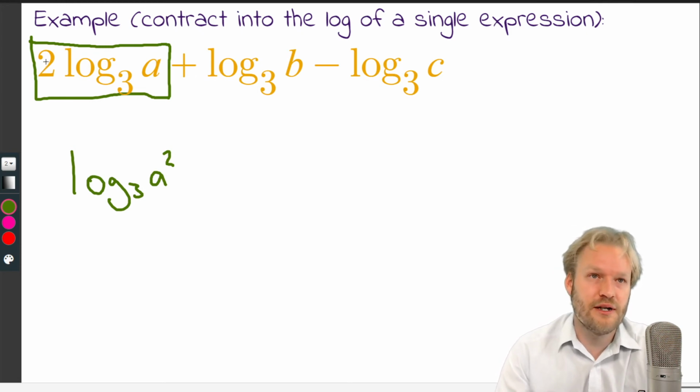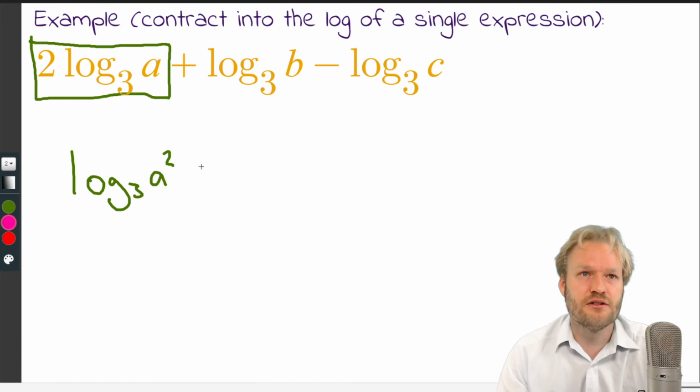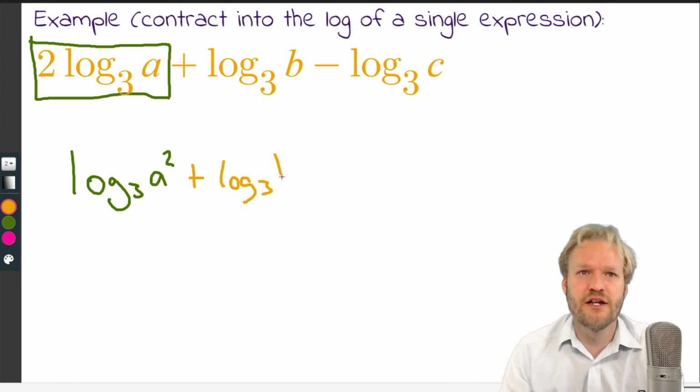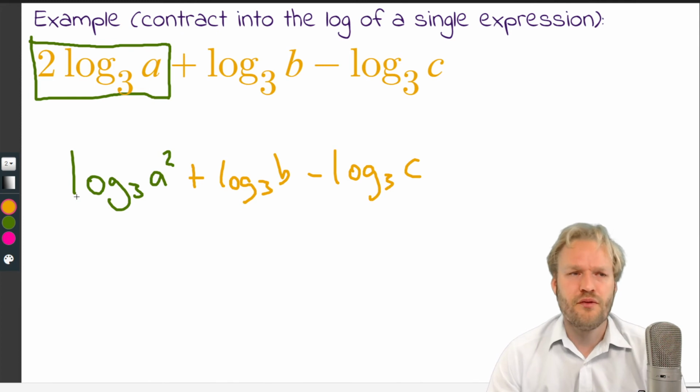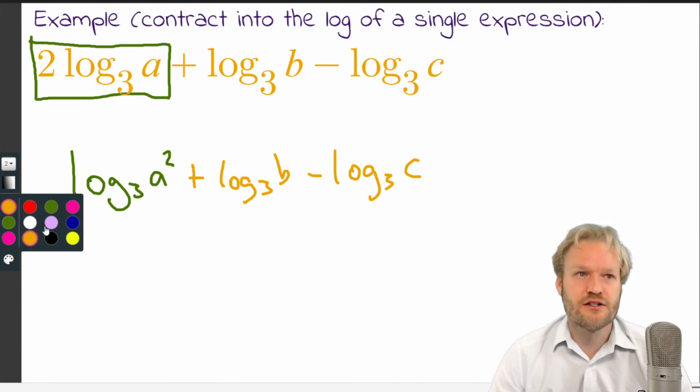Power to a power, multiplying that. Now the rest is going to stay as is. Plus log base 3 of b minus log base 3 of c. We've got addition and subtraction, so we're just going to go left to right.